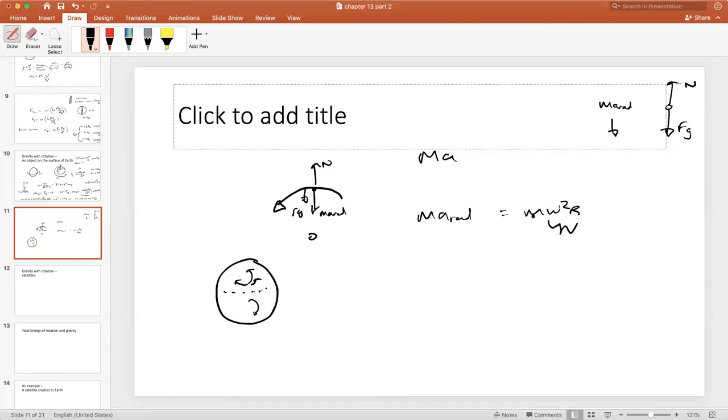As far as we're concerned, this is so small compared to G M m over r squared that we almost never have to worry about it. But the further away you get, the more important this becomes, and the less important gravity.